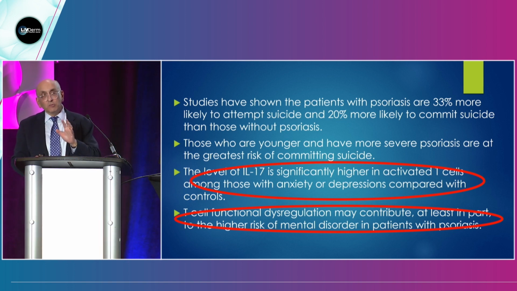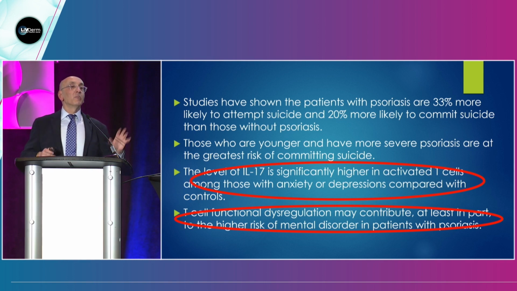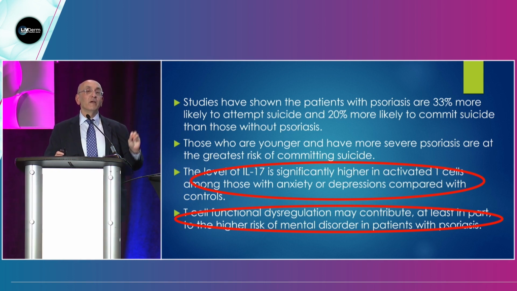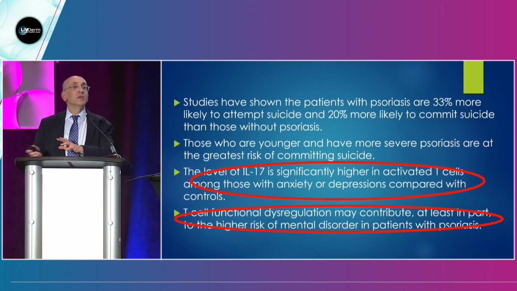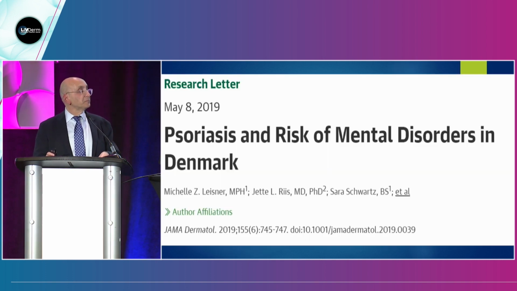Actually, that's probably true, but pathophysiologically, they also have factors that cause depression naturally in those patients, not because they look bad, not because they cannot wear short sleeves, not because they cannot go to the beach because they look bad. It's just that they systematically, inherently have these factors, the cytokines that cause depression.